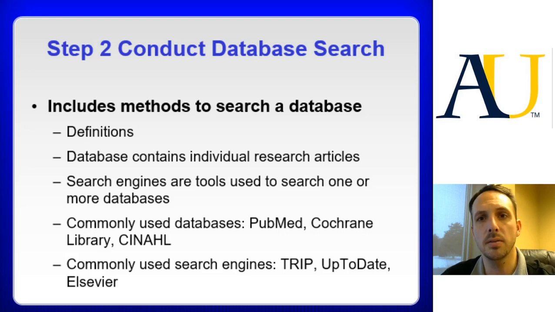You can literally just Google anything and get hundreds of thousands of hits, and the information that you want is probably in there somewhere, but going through all of that information would not be a good use of your time. Even Google Scholar, different things like that, make it more difficult.